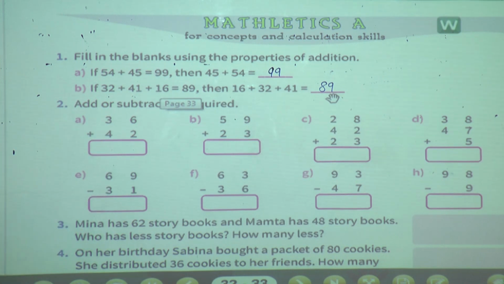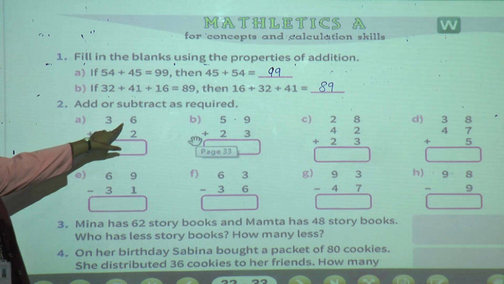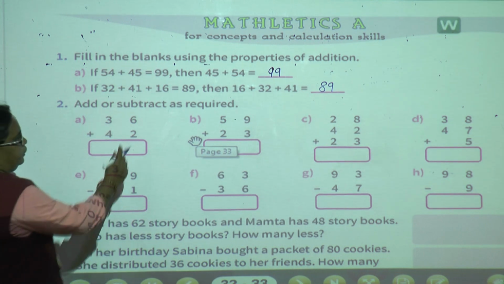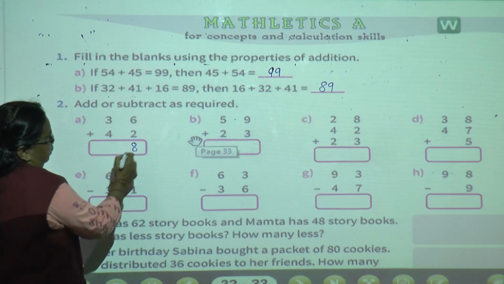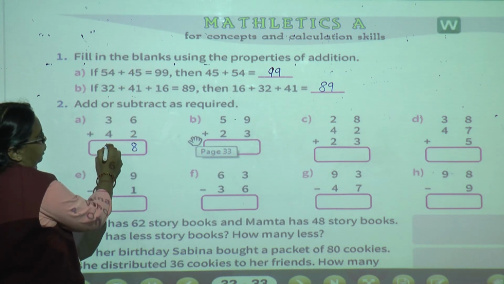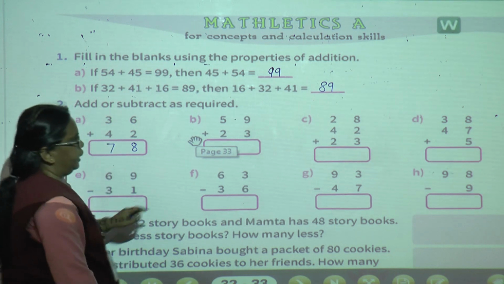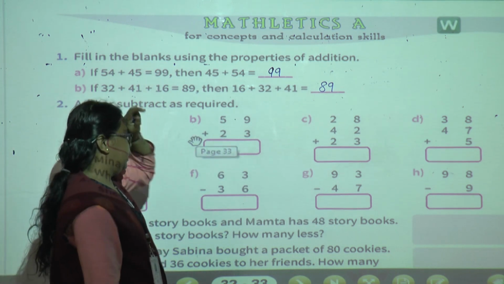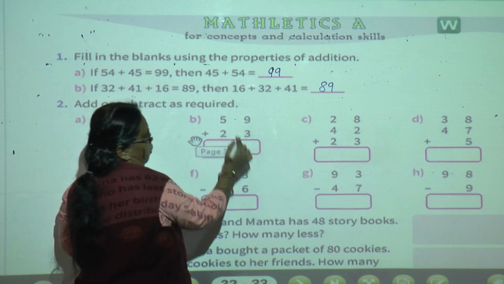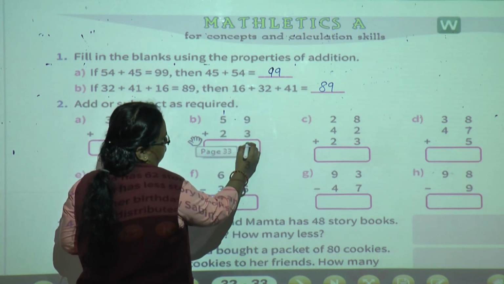Then add or subtract as required. Here you want to do addition. 6 plus 2 is 8. Then 3 plus 4 is 7. Then 9 plus 3 is 12.